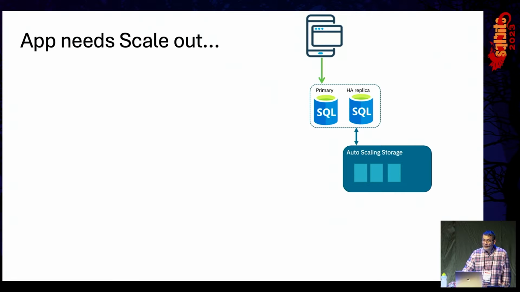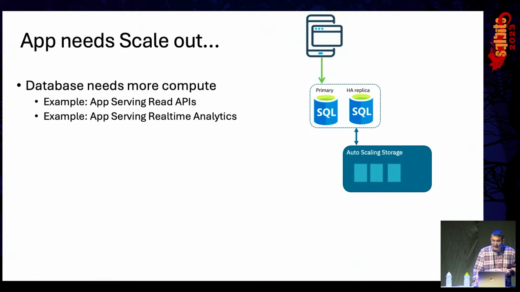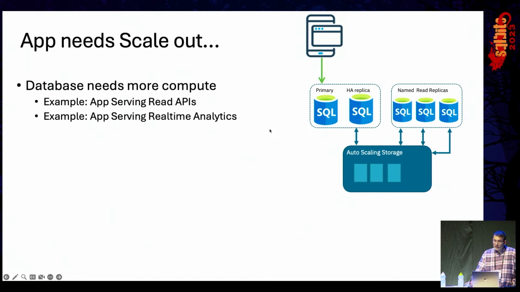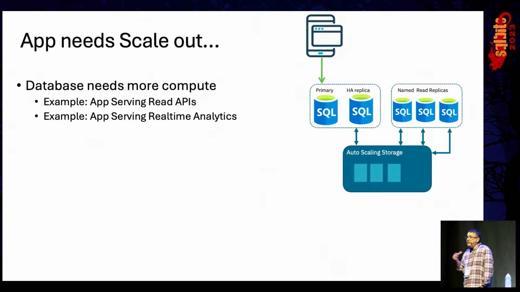And then if the app needs to scale out, say your pattern is such that you have a few writes and a lot of read API type calls as part of your SaaS patterns, you have the option of scaling out reads to the HA replica or to a set of named replicas. The named replicas are within regions.